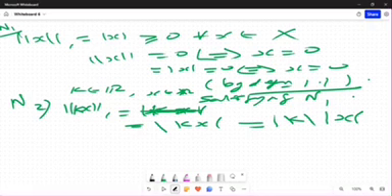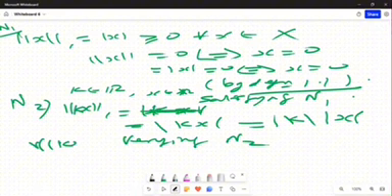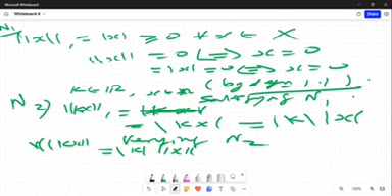Verifying N2: N2 says that the norm of kx must be equal to the modulus of k times the norm of x. That's exactly what we have done here. So you now see that the modulus of k times the norm of x is equal to the absolute value of k times the absolute value of x.